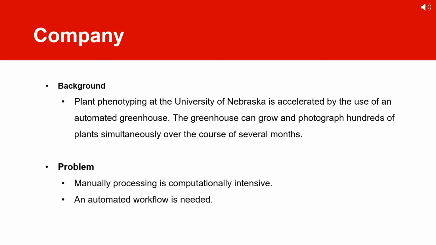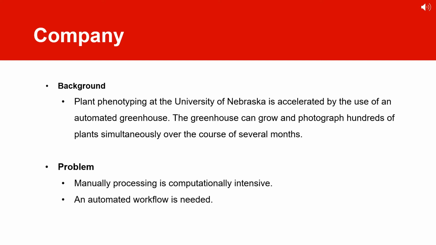For the company, plant phenotyping at the University of Nebraska is accelerated by the use of an automated greenhouse, which is located at the Nebraska Innovation Campus. This system includes greenhouse base and an automated conveyor belt with 672 plants capacity.